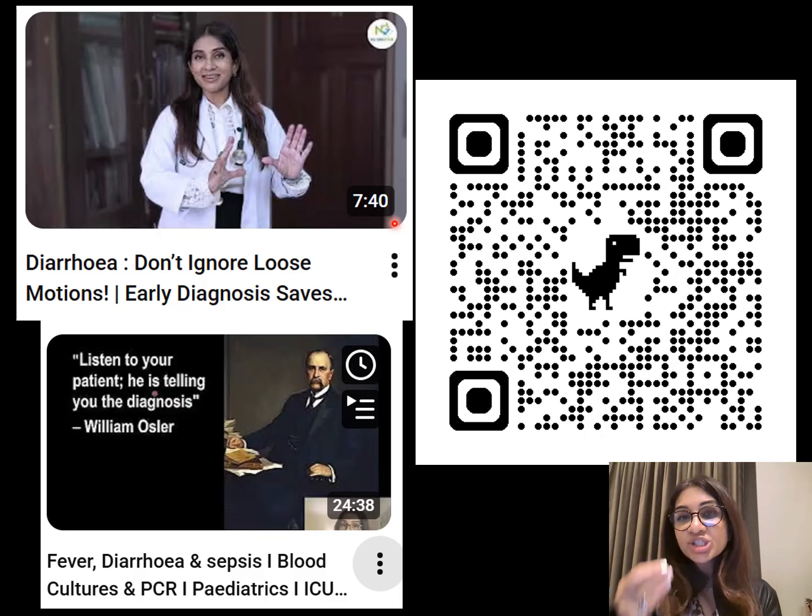So I performed the GI panel and that detected Cryptosporidium. This is one of the first cases in my career where an immunocompetent individual has Cryptosporidium diarrhea, and we could identify it only because of the GI panel.